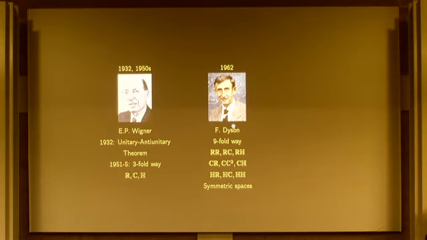So the story goes way back into the beginnings of modern quantum theory. There's Wigner's work in the 1930s and before on symmetries in quantum theory, the unitary anti-unitary theorem, that if you want a transition probability preserving transformation of the projective Hilbert space of states, then it can be induced by a unitary or an anti-unitary operator on the Hilbert space.